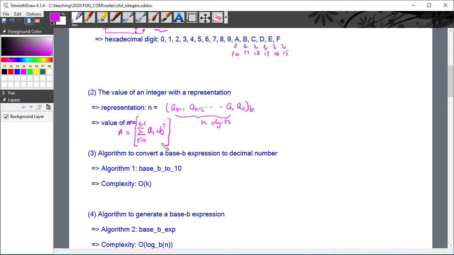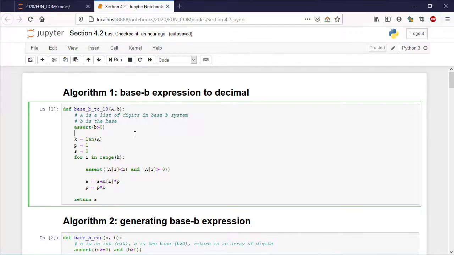They are very easy to understand. The first algorithm is base B expression to decimal. I'm using base B to 10 as the name of the algorithm, and you can find here the first algorithm, base B expression to decimal.